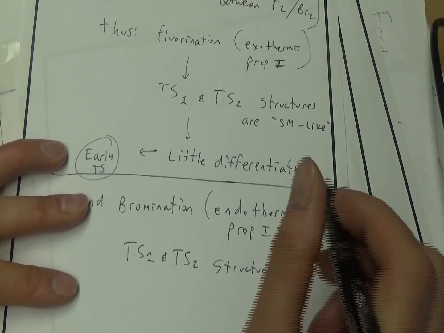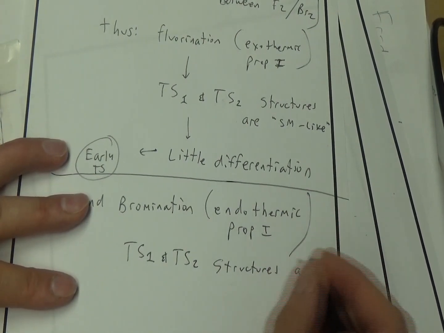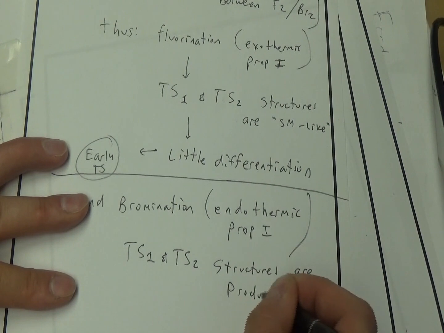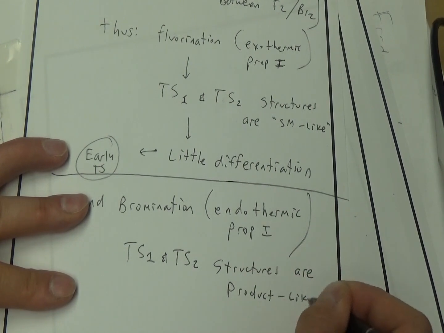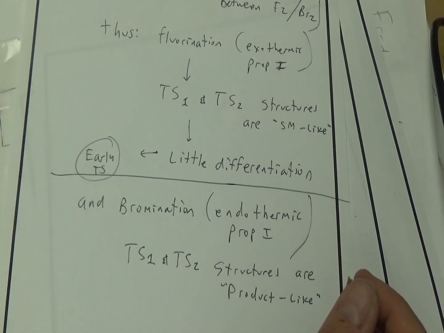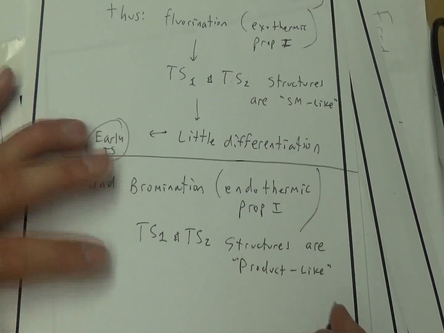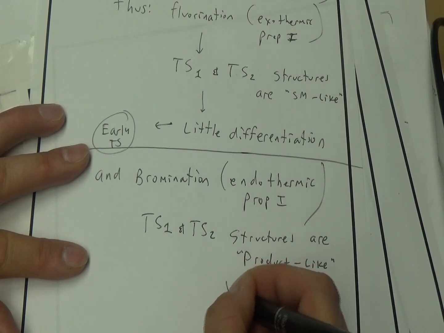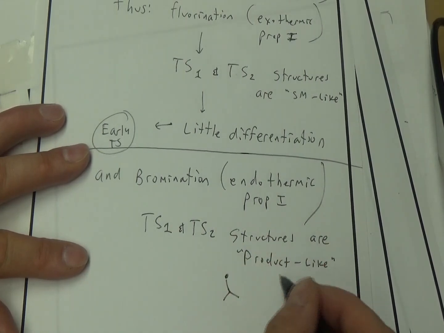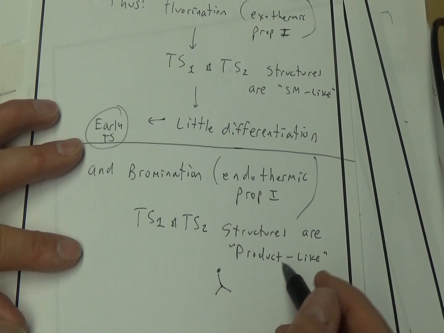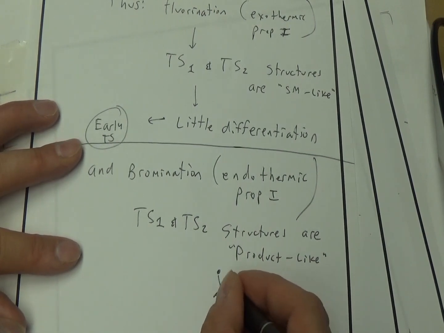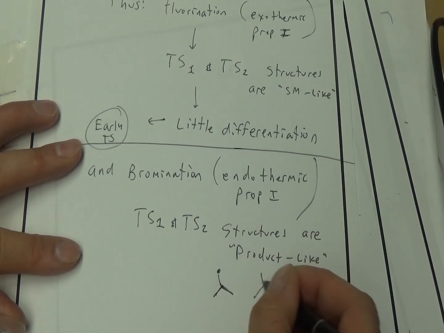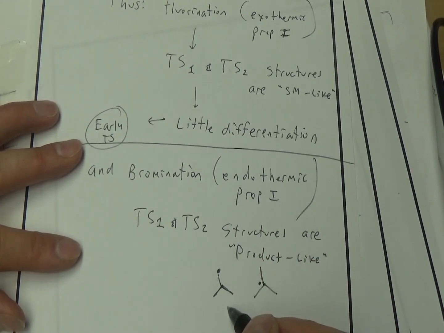They are more product like. And in this case, what's the product of propagation 1? It's the radicals, right? I don't mean the final product, I mean the product of that step. So the product of propagation 1 is either a primary radical, totally unhappy, or a tertiary radical, which is totally happy. Okay.